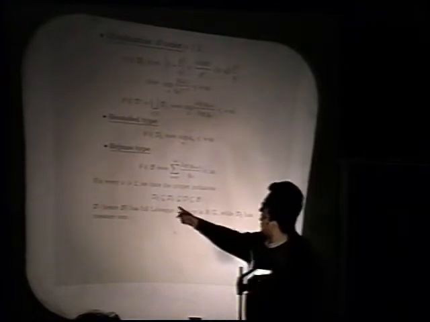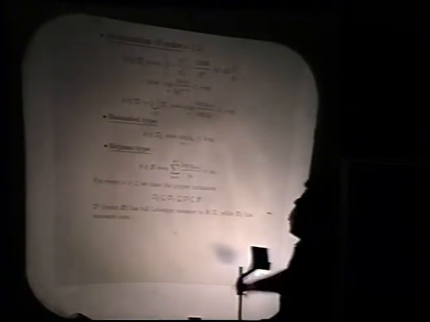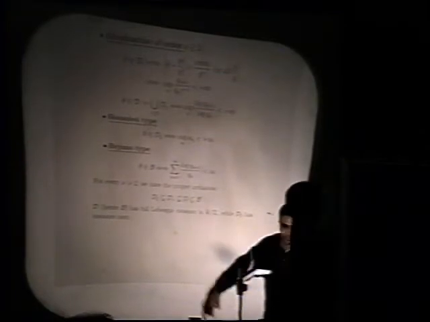Bounded type is contained in any Diophantine class of order nu bigger than 2. This is properly contained in the class of all Diophantine numbers, and this class D is properly contained in B. And it's an easy exercise to see that this is full measure. Therefore, Bruno type is typical. So almost every irrational number is of Diophantine type, and therefore Bruno type.